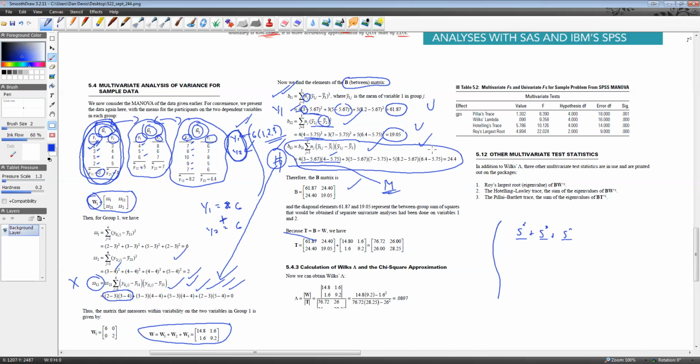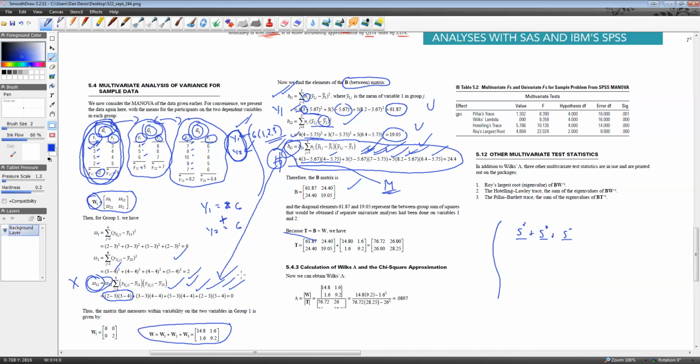If you compare this term to this term, this one is the most important, because it's analogous to the main hypothesis.